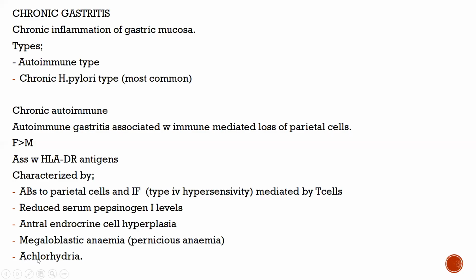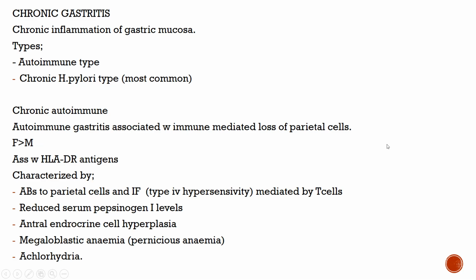We already said achlorhydria, reduced hydrochloric acid. There's also reduced serum pepsinogen 1 levels. This one you'll see most commonly in females rather than males, and it's also associated with HLA-DR antigens.